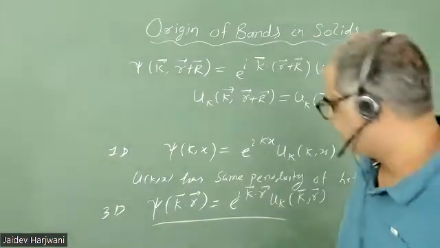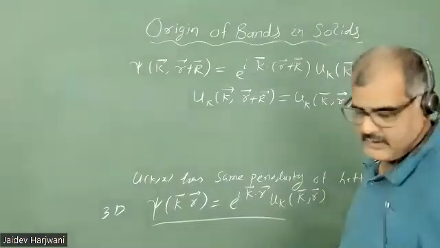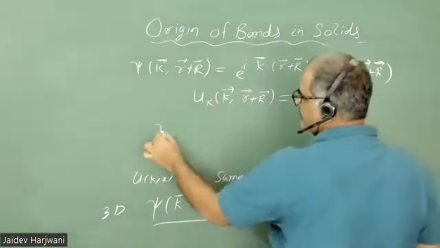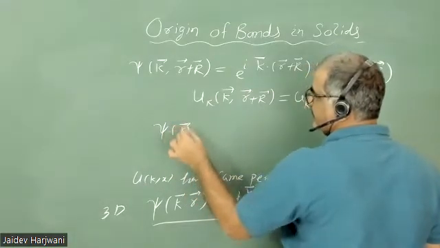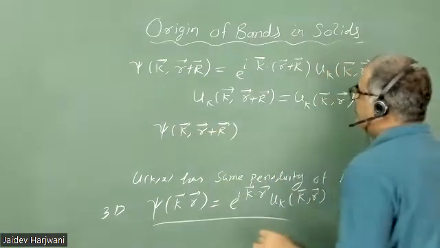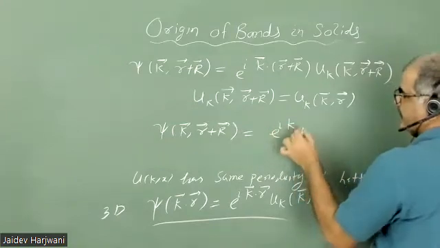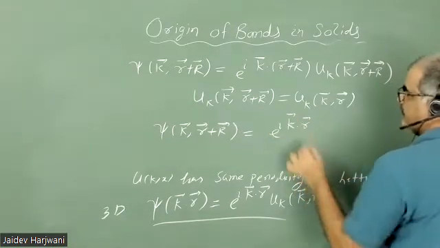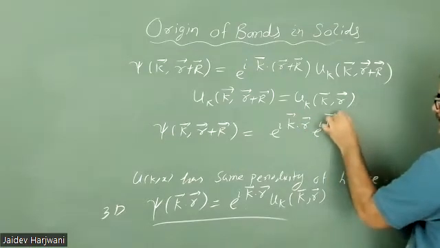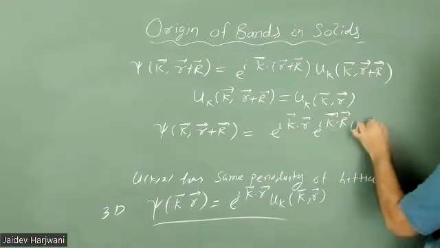If I solve it further and put this value here, this gives me psi_k(r + R) equal to e^(iota k dot R) times e^(iota k dot r) u_k(r).